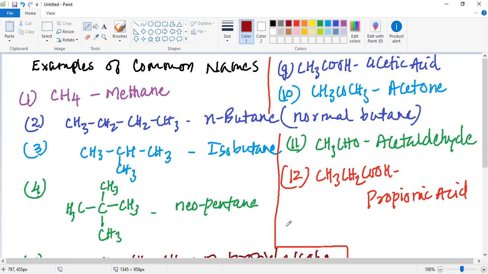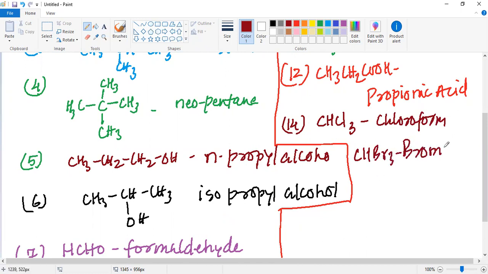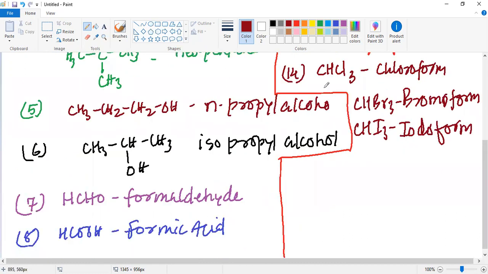Then, my dear students, we have the 14th one, CHCl3, which is chloroform. We can write CHBr3 as bromoform, and CHI3 as iodoform. Then we have the 15th one.